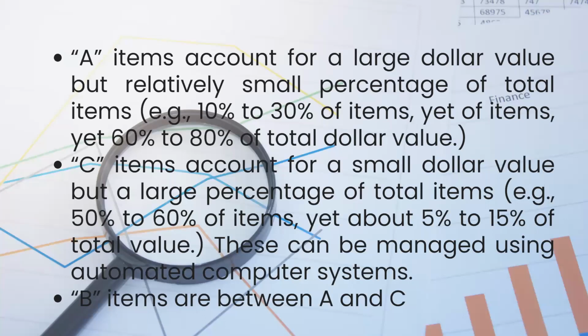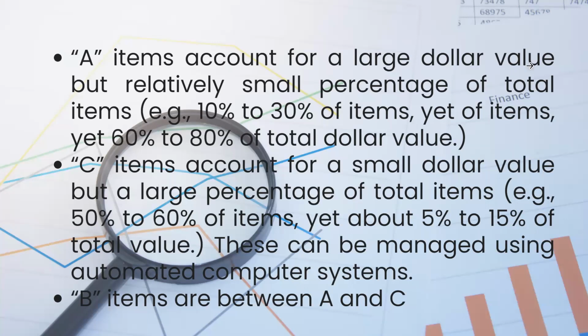Letter A items account for a large dollar value but relatively small percentage of total items. Example, 10% to 30% of items yet 60% to 80% of total dollar value. And then letter C, items account for a small dollar value but a large percentage of total items.